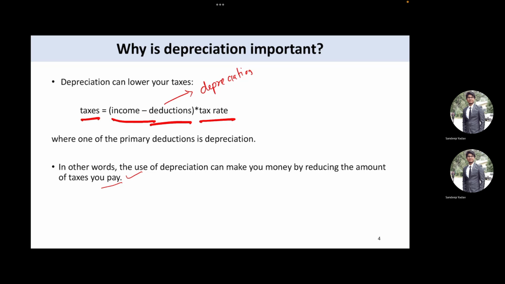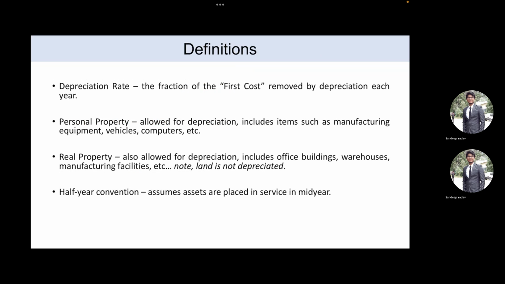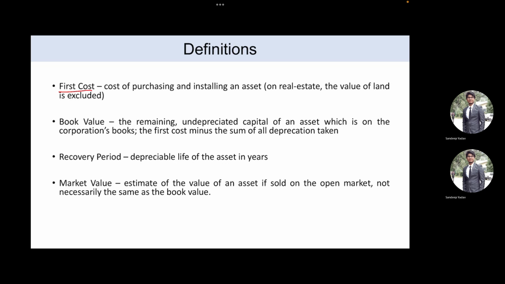Now, let's learn some definitions. The first is first cost.